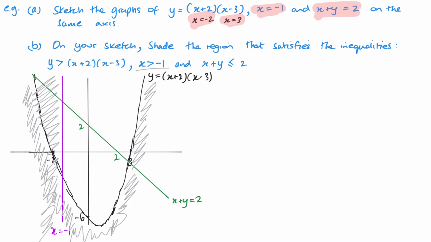And finally, I want x plus y less than or equal to 2. So again, it should be this region in here. Pick a point, 0, 0: 0 plus 0 is less than or equal to 2, that works. So I know that is my region, so I'm getting rid of this region here.